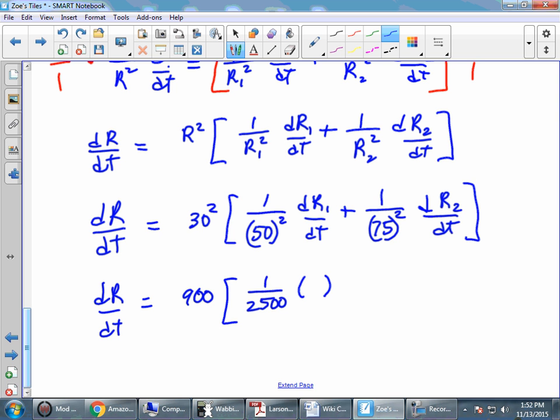It's a rate. 1 plus 1 over 75 squared, I think was like 5625. I think I did that right. Times 3 halves. And I think you all can finish it from there. And you should get 3/5 of an ohm.